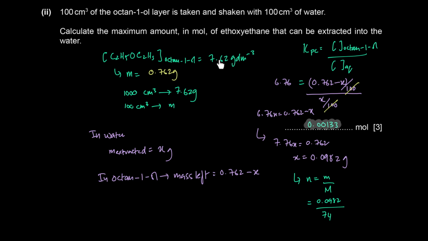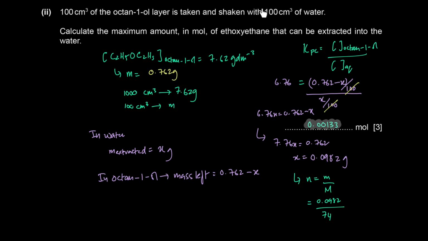This was mentioned in the question. So if this is the concentration in grams per decimeter cube, in 100 cm cube, what's the mass I would have? If I have 7.62 grams in a decimeter cube, that's 1000 cm cube, I would have 1/10 the mass in 100 cm cube. So I figured out how much mass I had initially in the octan-1-ol layer.